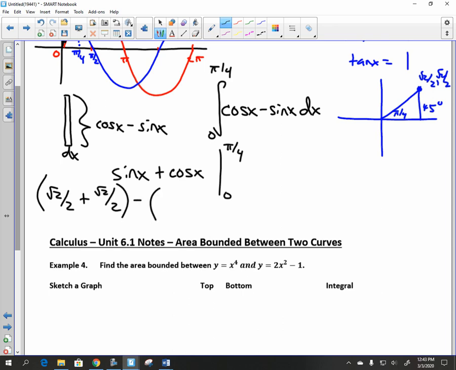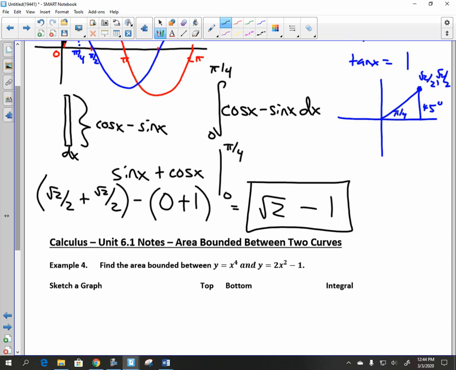Minus, now I plug in, and I get sine of 0 is 0, and the cosine of 0 is 1. So what is the root of 2 over 2 plus the root of 2 over 2? 2 roots of 2 over 2, which is the root of 2. And then 0 plus 1 is 1.